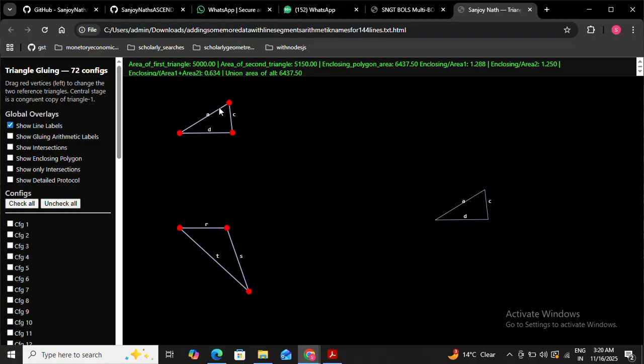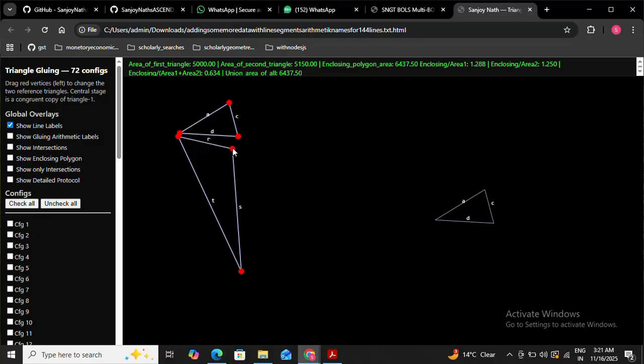Now here we can take two real numbers. One is representing one triangle and another real number representing another triangle, and how these things are gluing. Now gluing means multiplication, and multiplication is gluing. We want to glue these two triangles. Sometimes we will try to glue the D with the R, and that will behave like this.